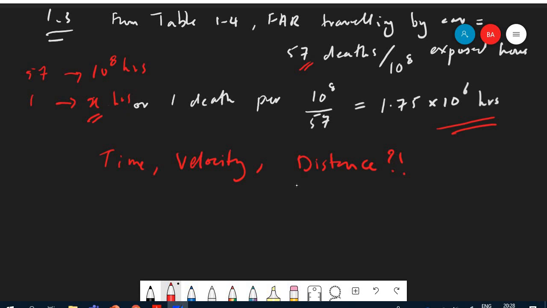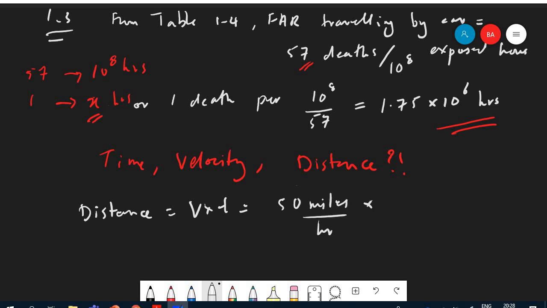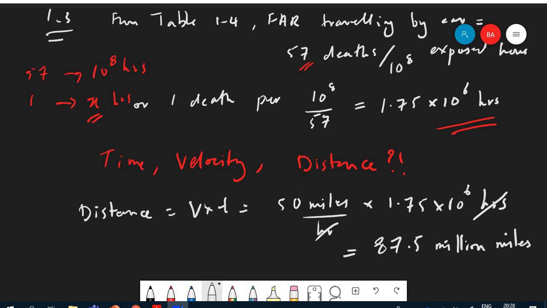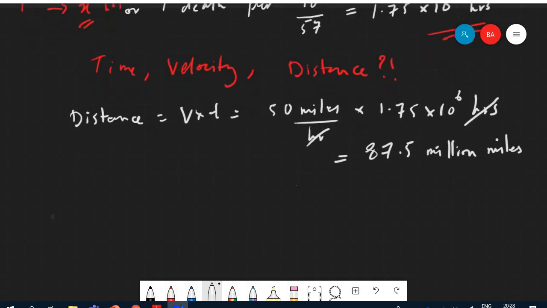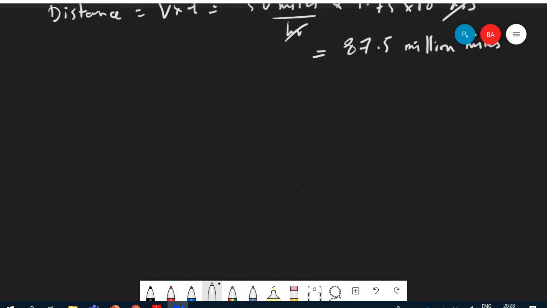The distance is equal to velocity multiplied by time, so this will be 50 miles per hour into 1.75 into 10 to the power 6 hours, the hours cancel, and we will have the answer to be 87.5 million miles. So that is more than enough for you to drive, and don't worry about dying. That is the answer for problem 1.3.